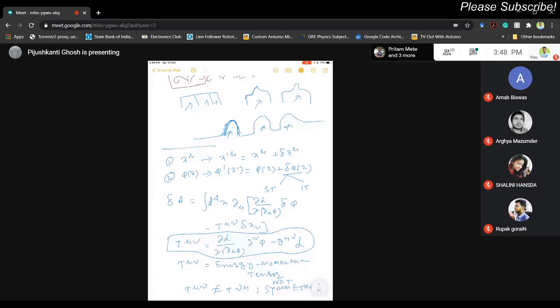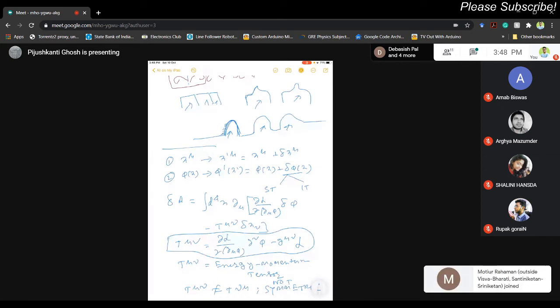On the other hand, we may consider simultaneously an internal symmetry transformation. For that, x mu will not change, but phi will change.